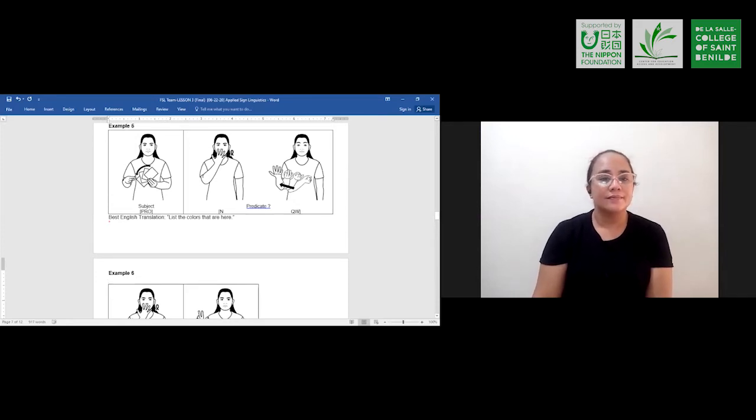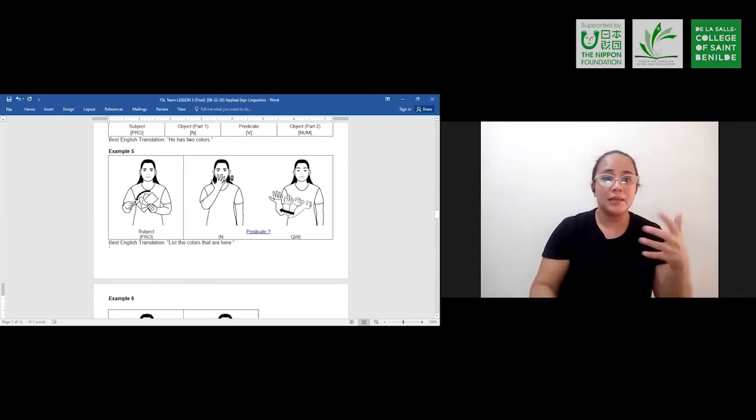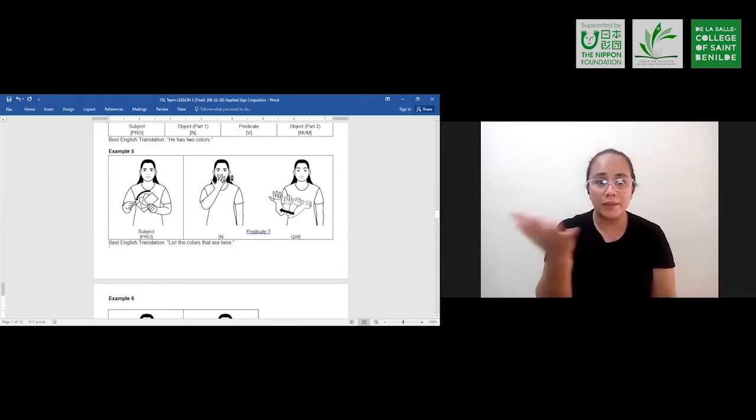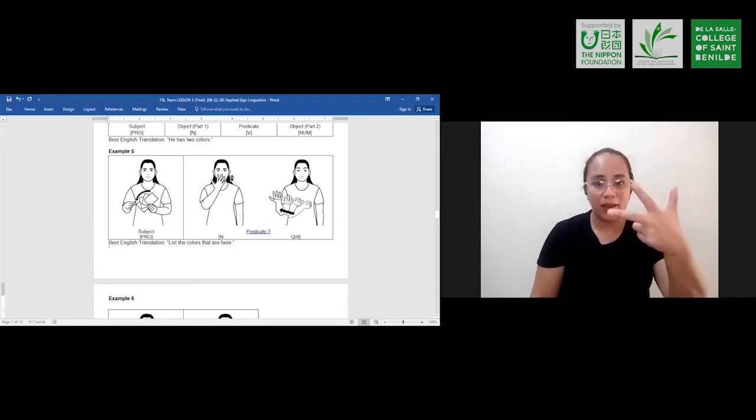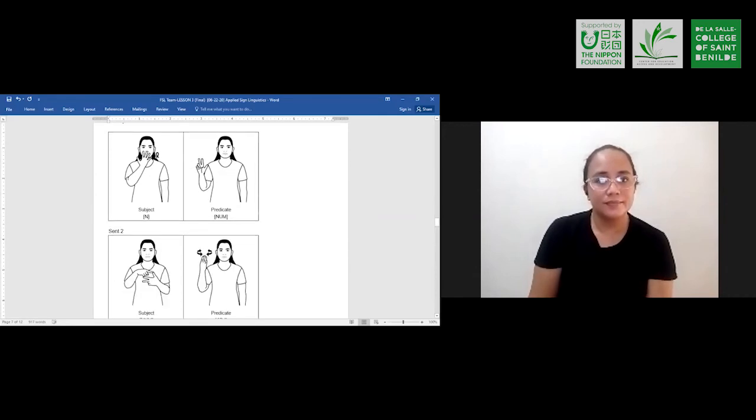So example 5 is these colors, how many? Example 6, colors 3. This should be 7.